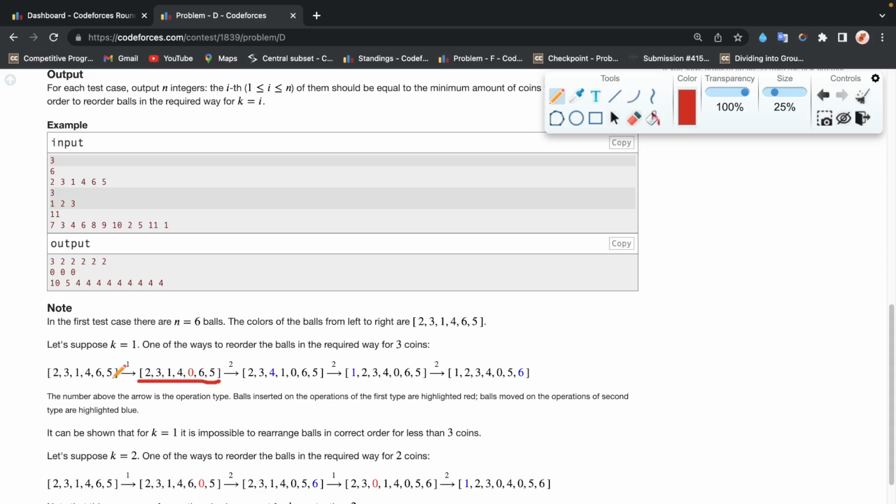So my concern was that if I'm putting a ball here, suppose somewhere like this, and the largest element in this side is equal to I, then I only need to sort some part of it. Like I don't need to sort all of it.